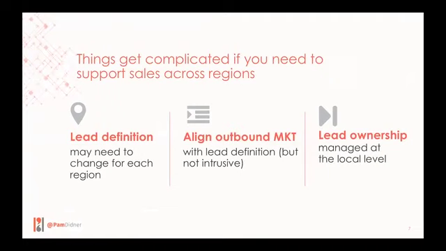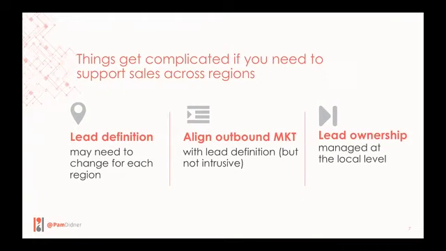If you really want to scale your marketing support, sales support as a marketer across the regions, there's a couple things you will need to consider, right? Because now you want to support your sales across the regions. Therefore, you need to think about your lead definitions, right? Does that need to be changed from region to region? And also, because again, like I said, scale your support across the region, what about the outbound marketing?